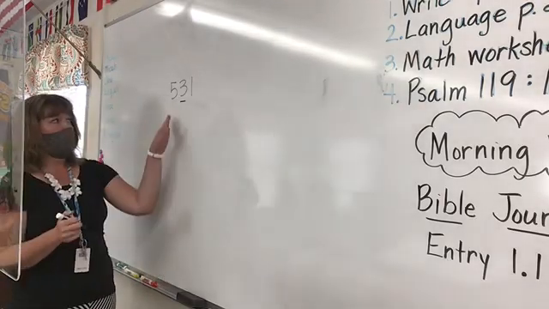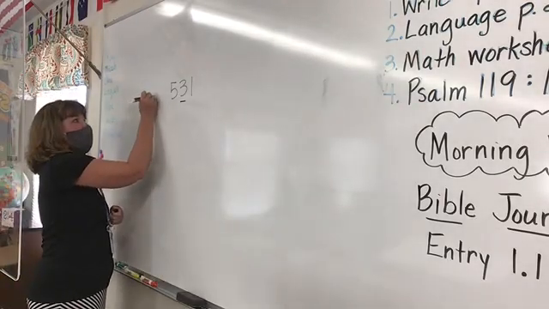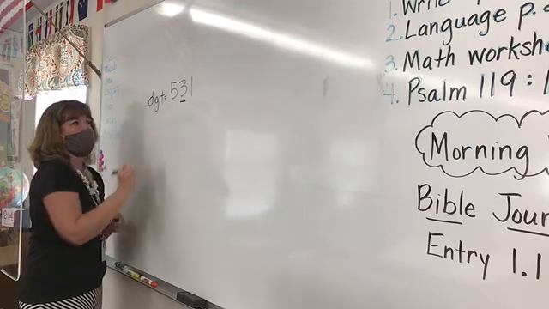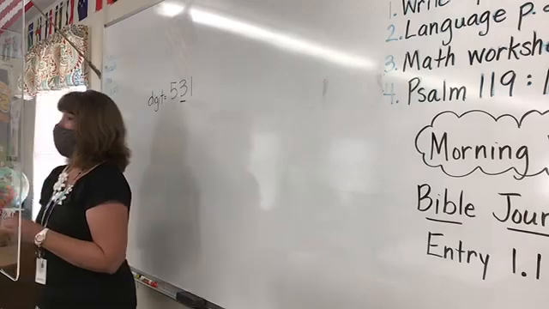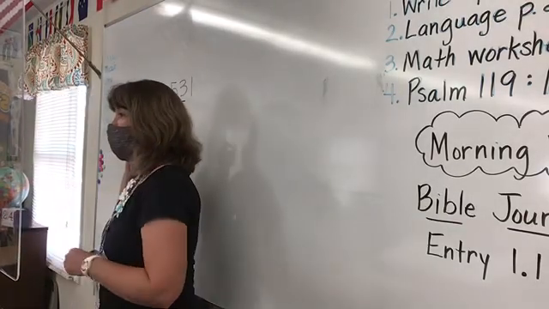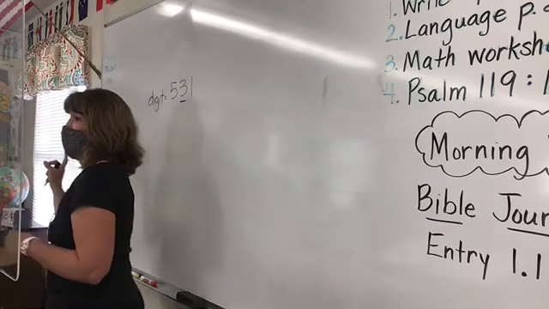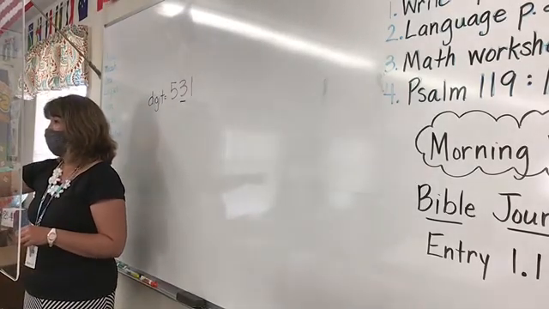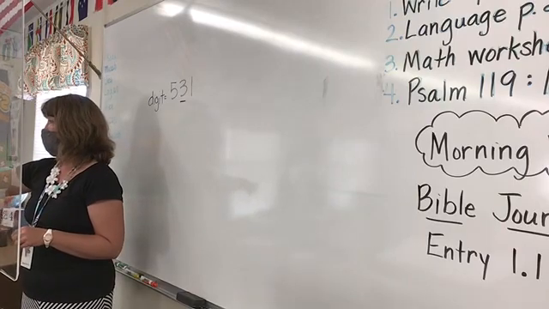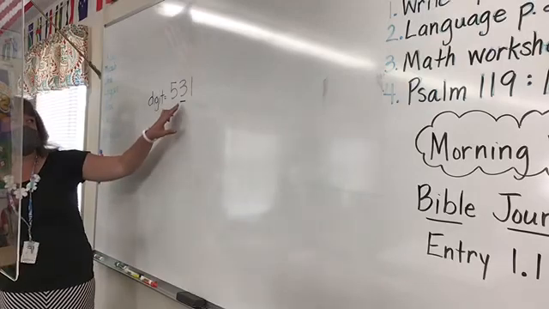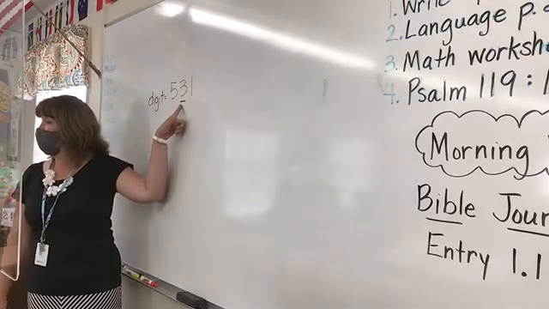Now, if I say, what is the value of the 3? What is the value? So you have to decide what place it is in, and then it'll tell me the value. Don't write in your books right now, please. 30. Very good. Because if I have 3 tens, this is in the tens place.